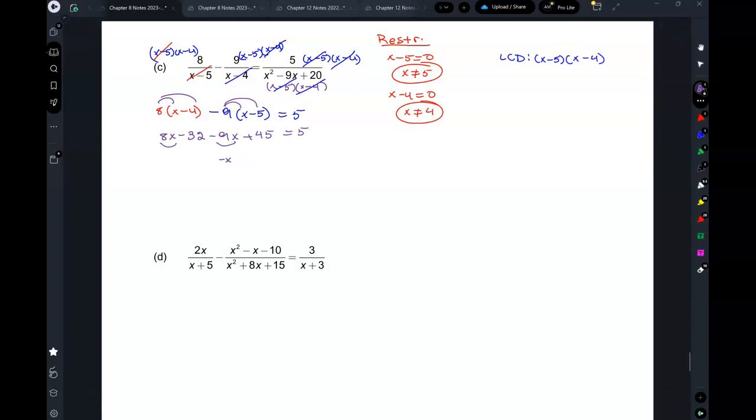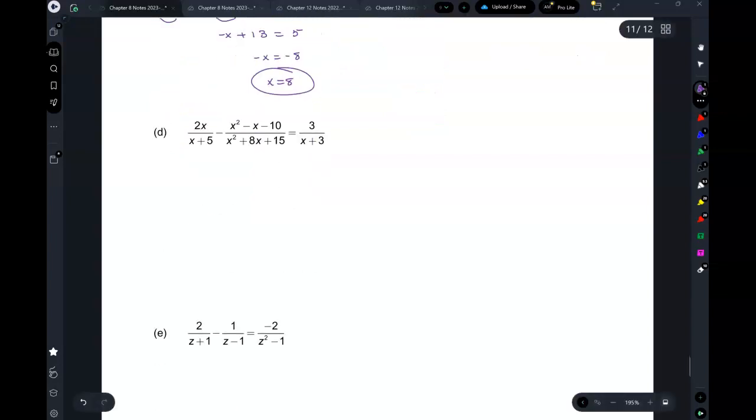So 45 minus 32, what do I get? Plus 13 is equal to 5. Negative x is equal to negative 8. So x equals 8. That's not part of the restrictions, so we're good. Okay? Now, next one.